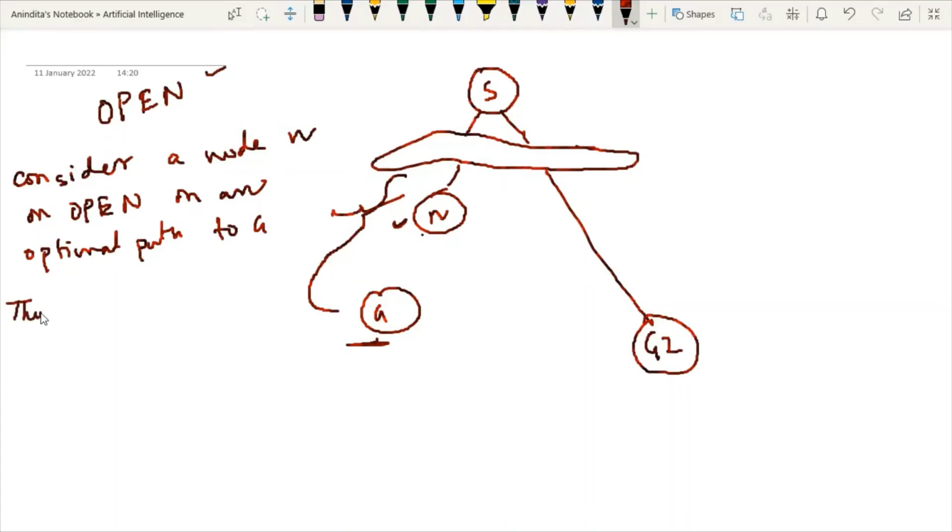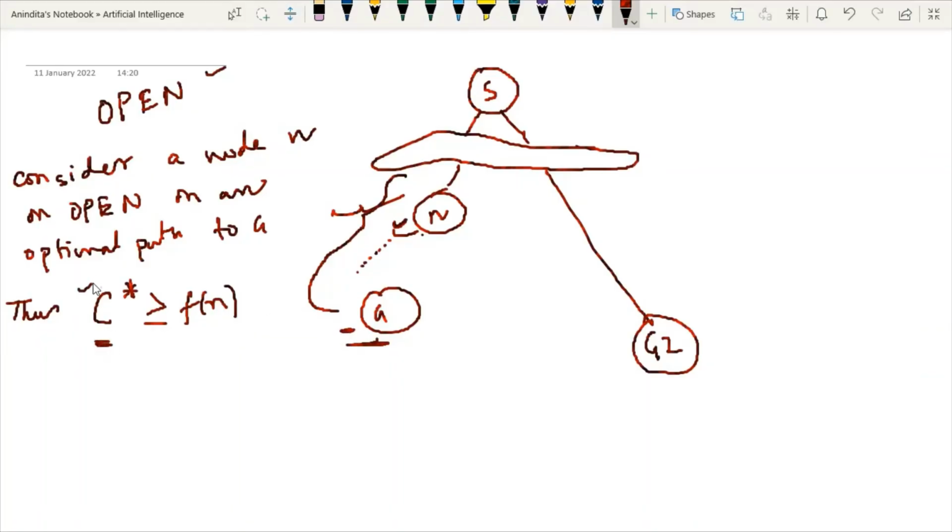So thus what can we write? We can write C star, that is the optimal cost of reaching the goal. Why? Because after n, we have to spend some cost to reach the goal G, and the cost of reaching the goal G is C star.